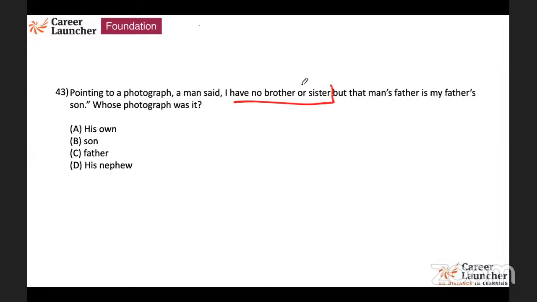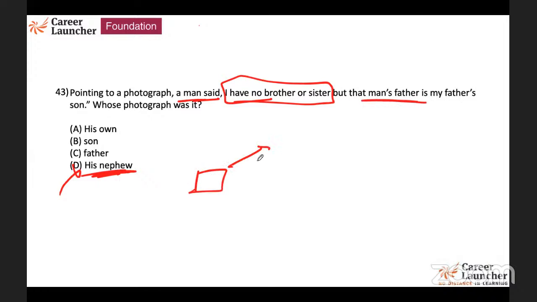Let's look at it. I have no brother or sister. So the chance of being a nephew is very difficult, because if I don't have a brother or sister, their kids will be my nephew. Remember this. So D cannot be the answer for sure. Pointing to a man, the person said, that man's father is my father's son.